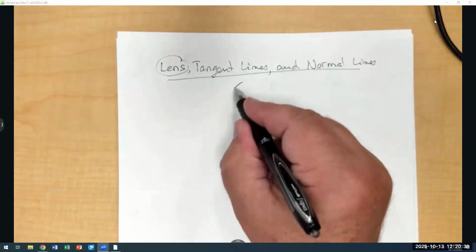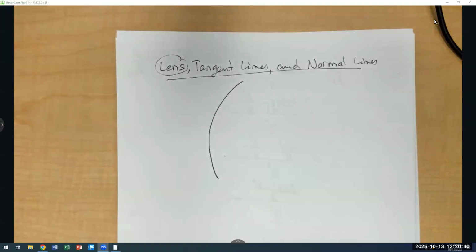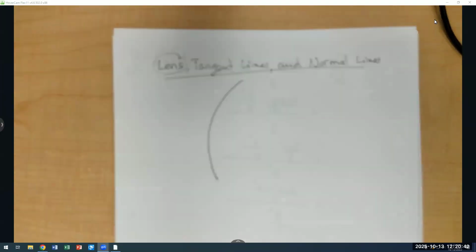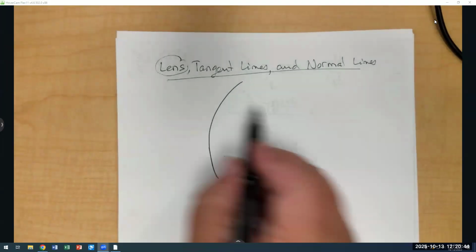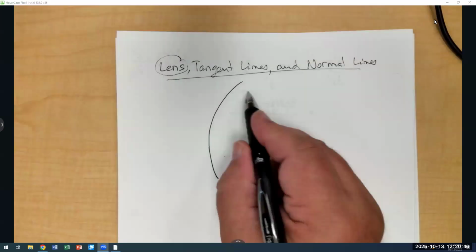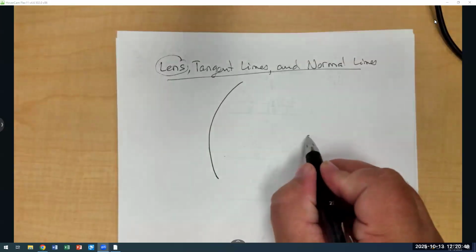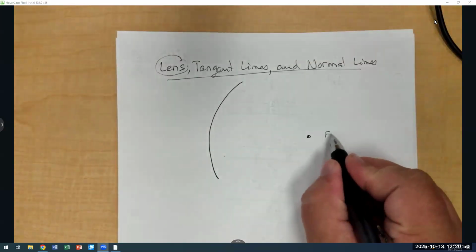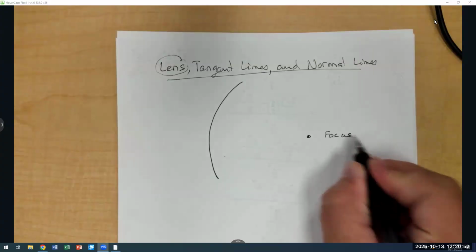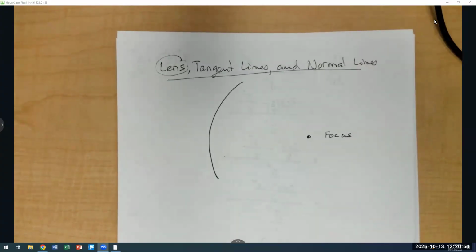A lens, let's say, for example, for an eyeball, the lens is the outer part. And in every lens, there's a point which is called a focus, a focal point.